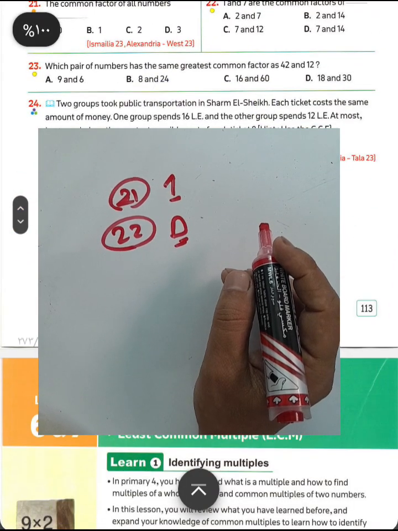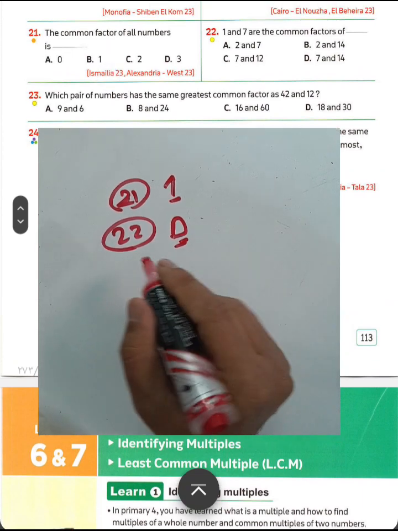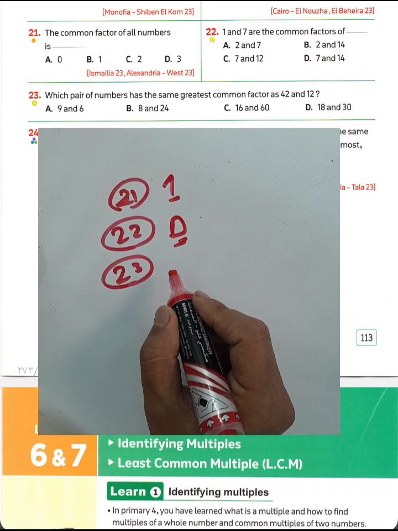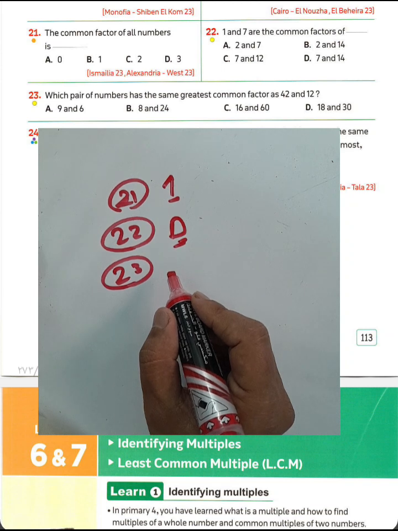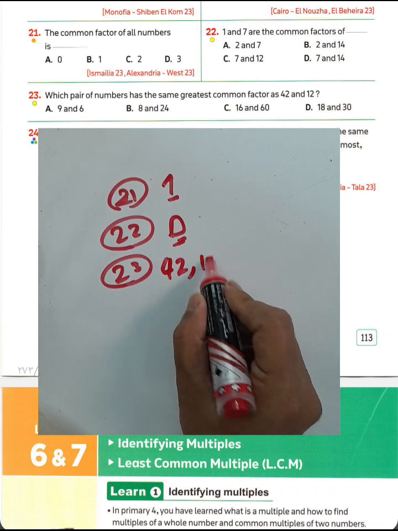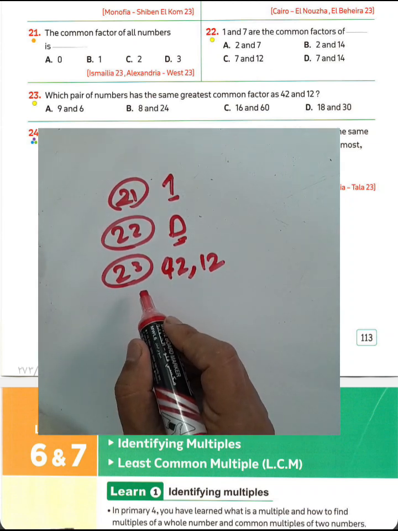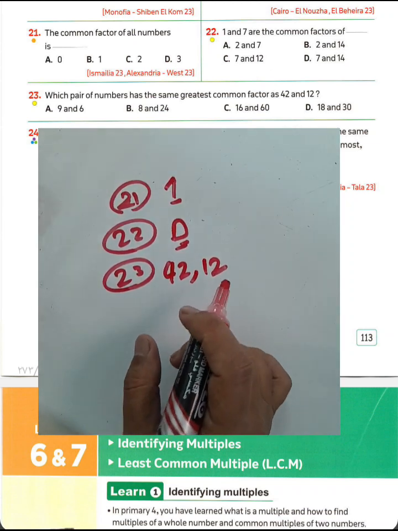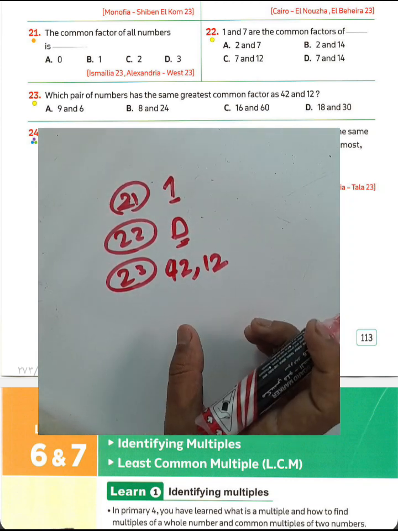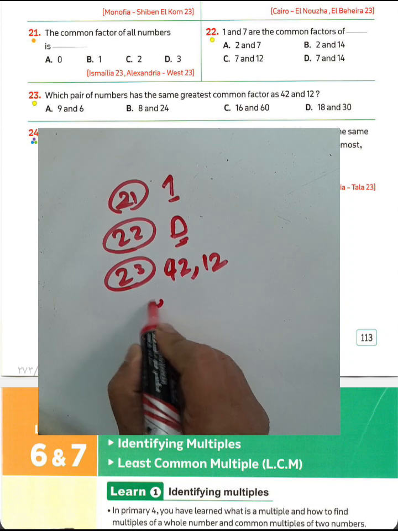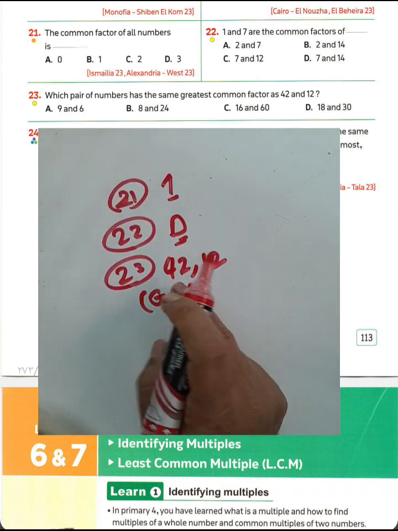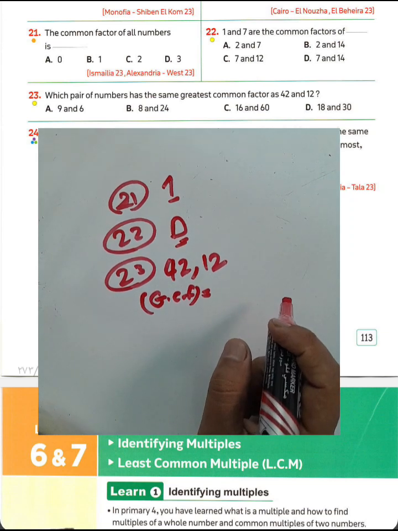Next, question 23. Which pair of numbers has the same greatest common factor as 42 and 12? The greatest common factor between 42 and 12: 42 can't be divided by 12.